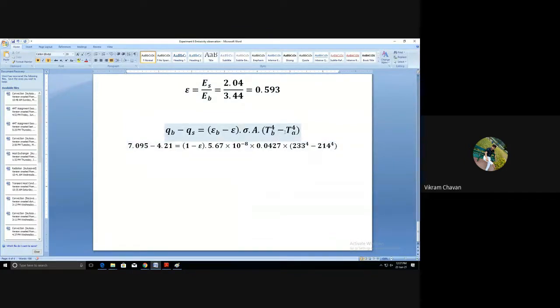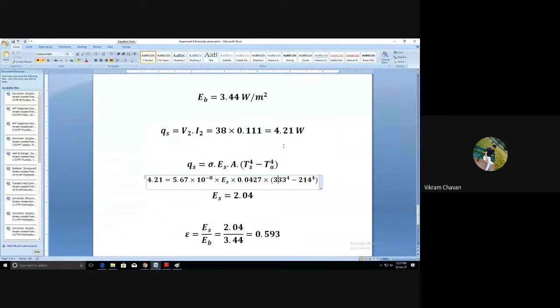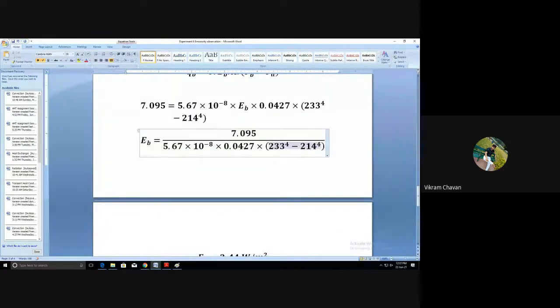Okay, and right now, black body. Okay, 333, sorry. Everywhere I am taking 233 only. Have you done the correction properly? Have you calculated it properly? Because I made a mistake.